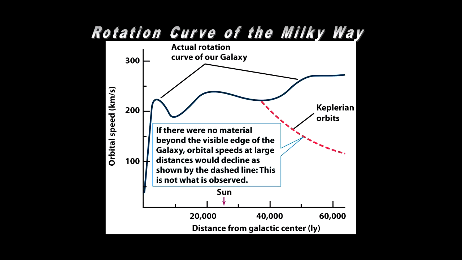So I just mentioned that the outer stars of the Milky Way galaxy are going a little bit too fast. They should be going a lot slower than we detect them to be moving. This is a graph of orbital speed versus distance from the galactic center. Here's our sun with an orbital speed about here, and the stars that are closer in, you notice it's a little bit complicated.